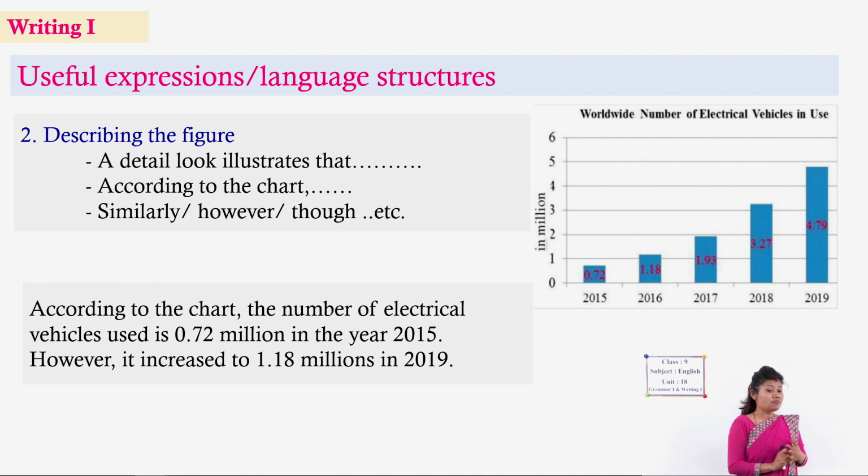The number of electrical vehicles used is 0.72 million in the year 2015. It is a complete sentence. In 2015, the number is 0.72 million. However, now contrast, it increased to 1.18 million in 2019. This is the way you can develop the sentences.